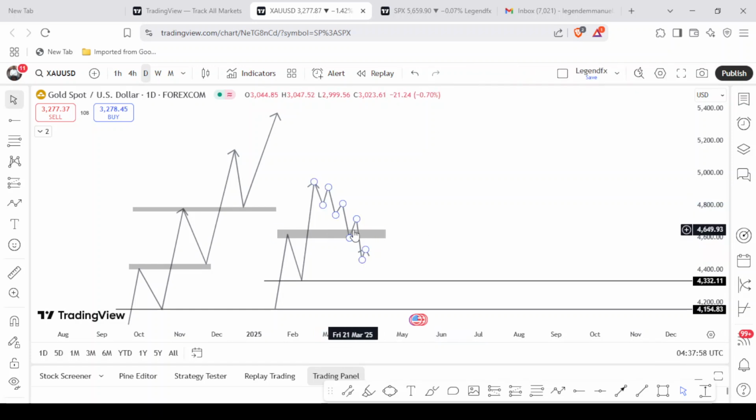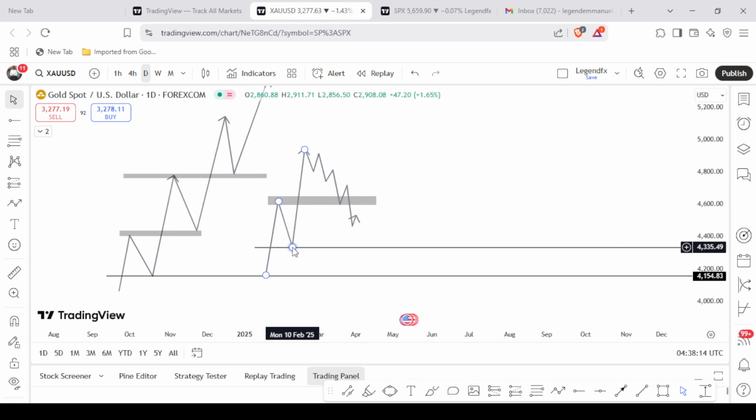But in the real sense and the real way of trading, this is still a bullish trend. As long as this particular zone here is still intact, we are still in a bullish phase, not in a downtrend yet.